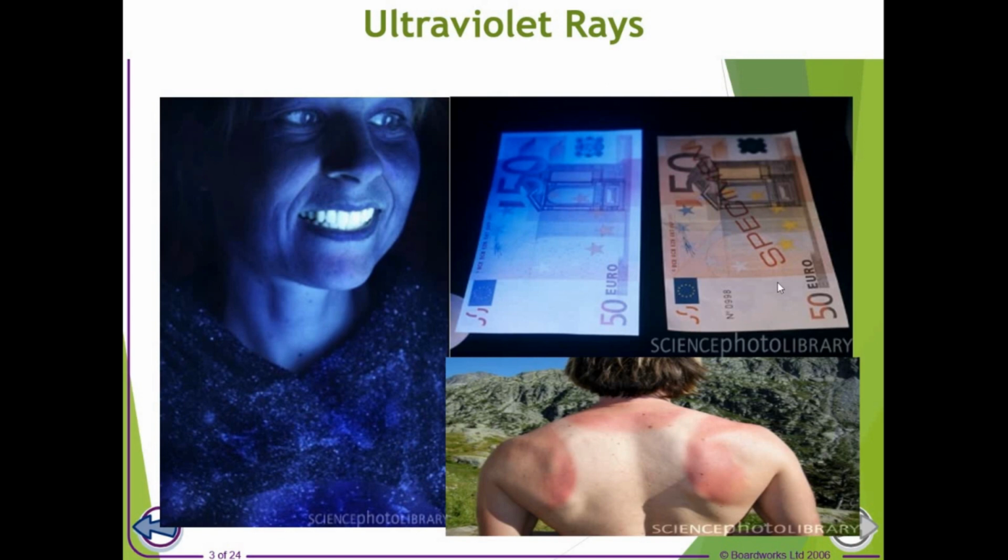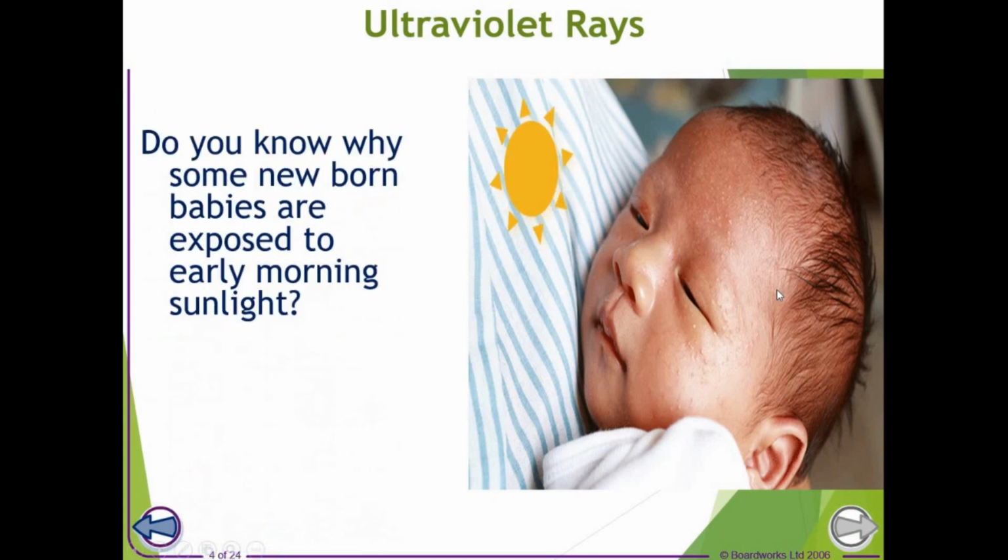Now, let's talk about ultraviolet rays. Do you know why some newborn babies are exposed to early morning sunlight? Because newborn babies exposed to early morning sunlight absorb only a lower amount of UV radiation.